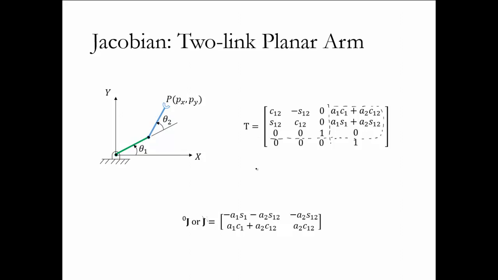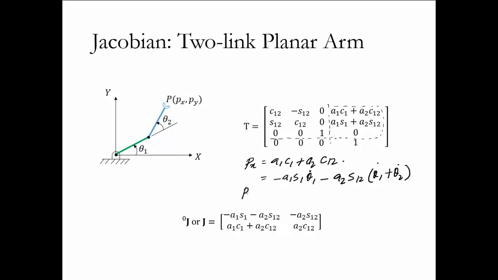If you want, we can do the analysis here. So if we take px equal to a1 cos theta 1 plus a2 cos theta 1 2, now as per the definition of the Jacobian, we have to do the partial derivative of this with respect to theta 1 and theta 2. So we'll get px dot equal to minus a1 sine theta 1 theta 1 dot minus a2 sine theta 1 2 times theta 1 dot plus theta 2 dot.